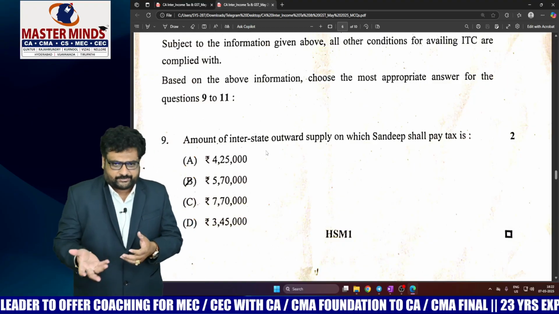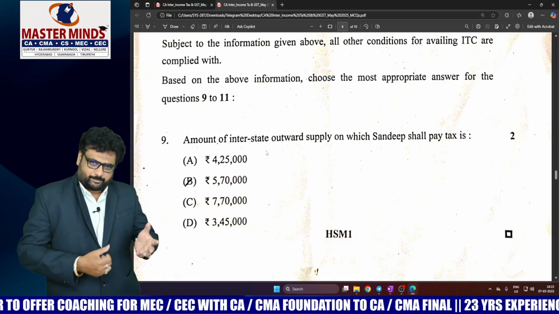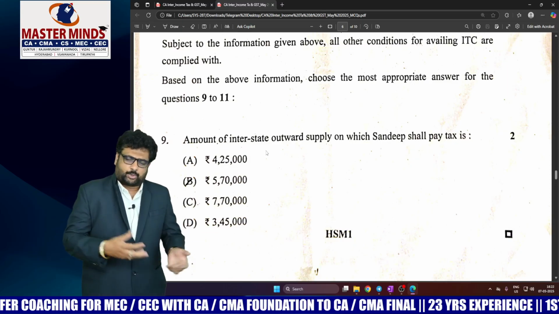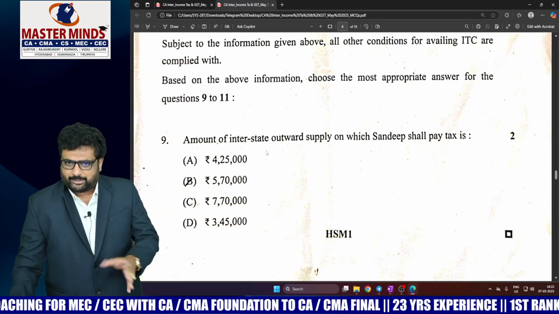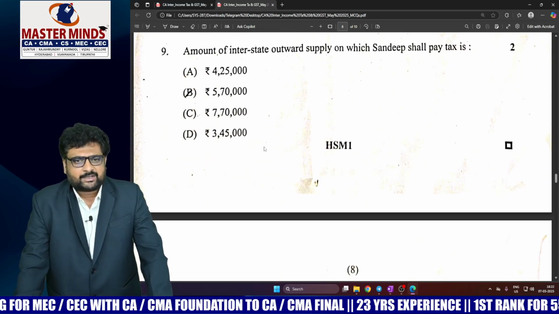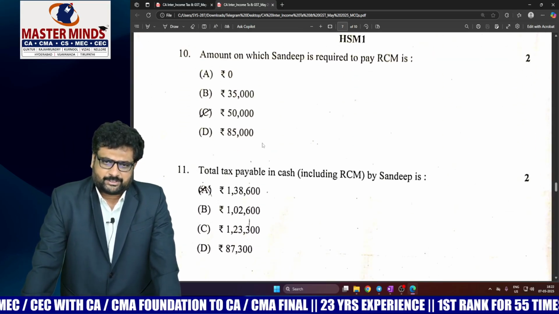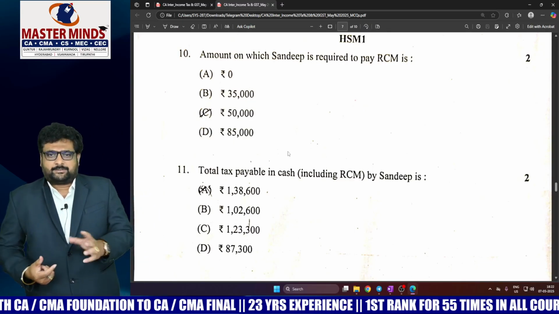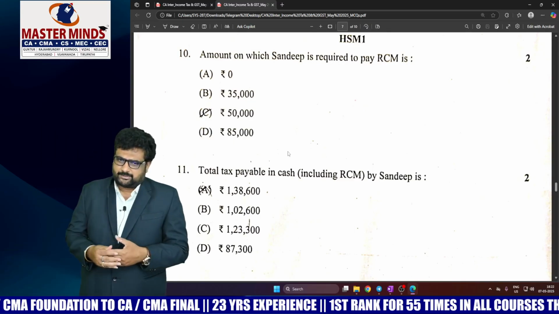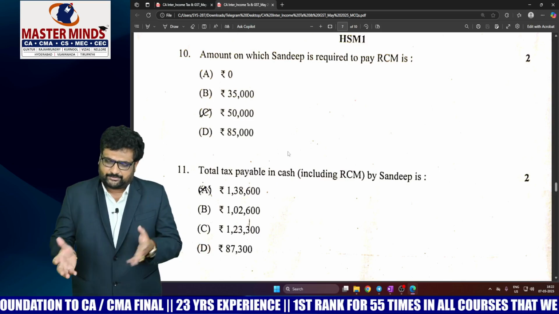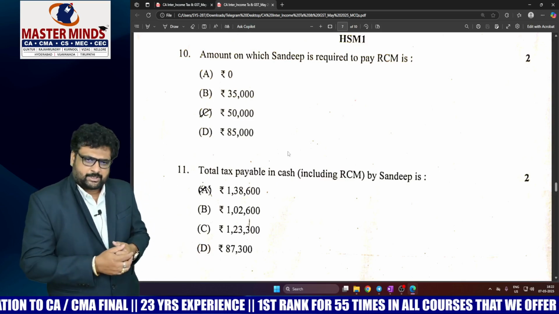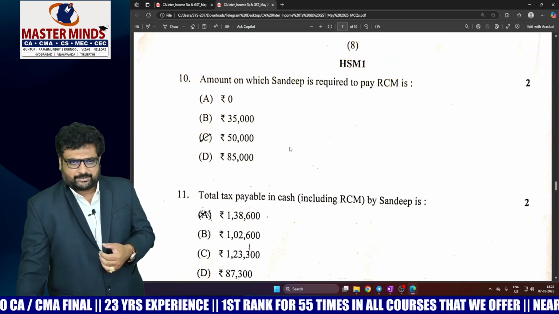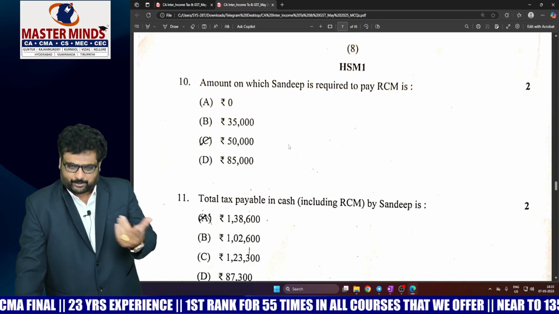They did not directly ask what the POS is, but indirectly they are asking whether it is intra or inter, and what the value is. And this is RCM and this is payment of tax. That means three concepts are mixed here: RCM, payment of tax, and place of supply. Based on that, I think it was a very easy question according to my opinion.